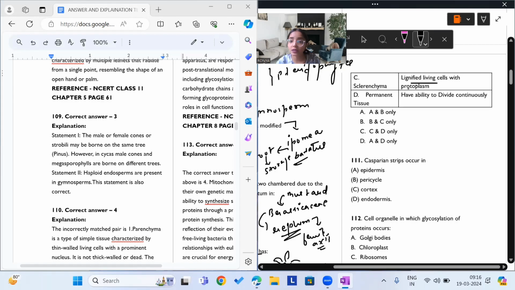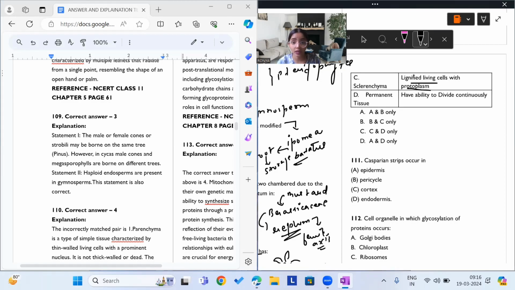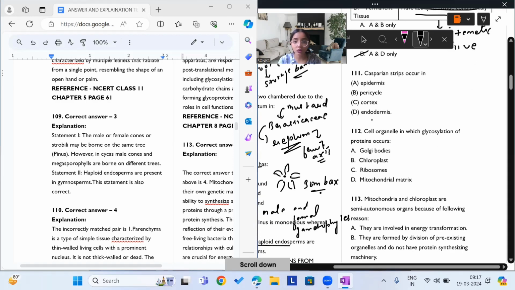Sclerenchyma, lignified living cells with protoplasm. Yes, they are living cells, they are lignified and they do have a protoplasm. It is correct. Permanent tissue has ability to divide continuously. No, meristematic tissue has ability to divide continuously. So D is also wrong. So A and D are the wrong statements, and the answer is the fourth option. I hope it was clear to you.